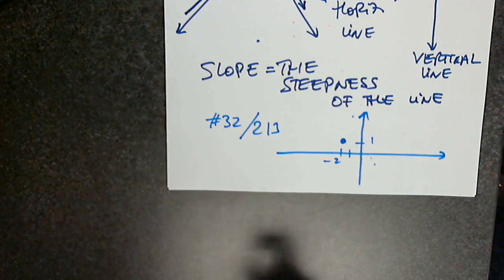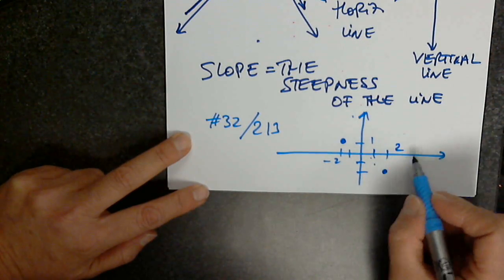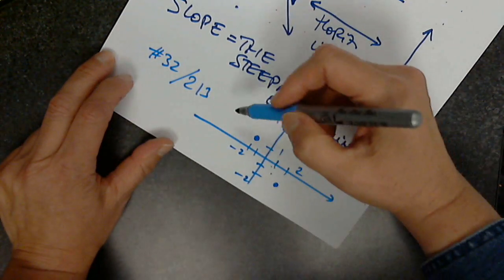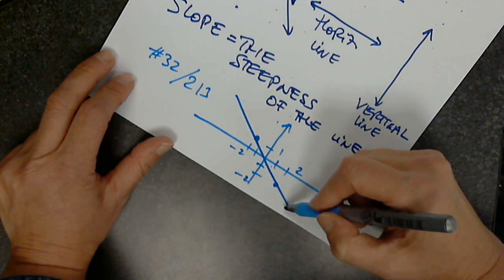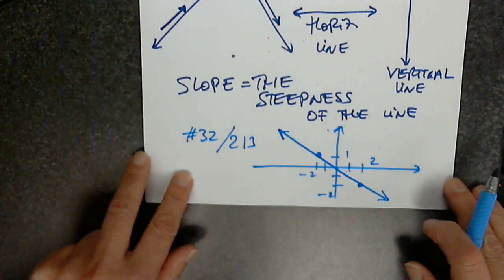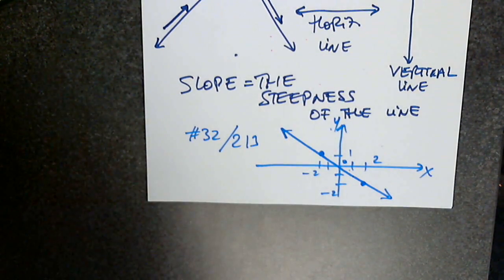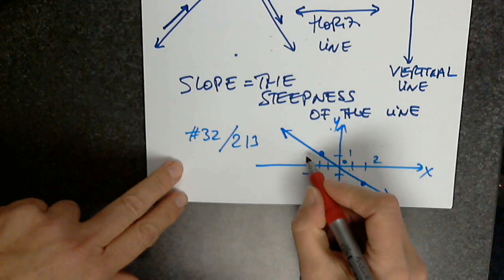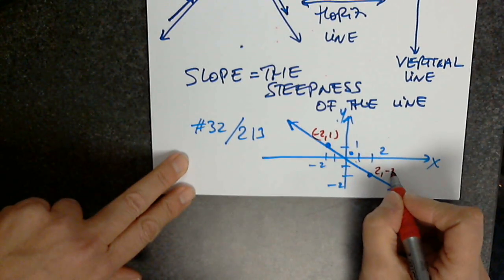And they are giving us (2, -2). And here's the line. So one more time, this is (-2, 1) and this is (2, -2).